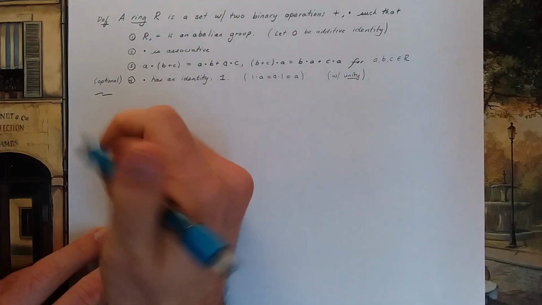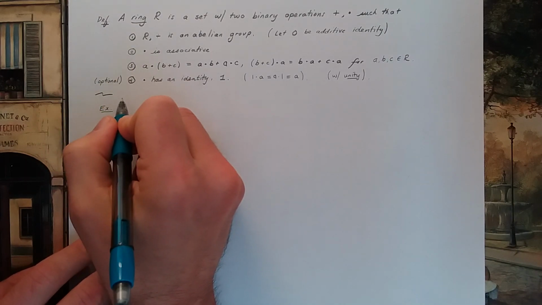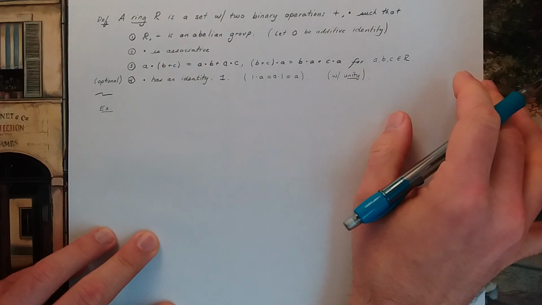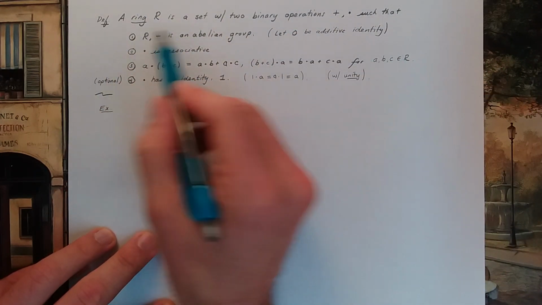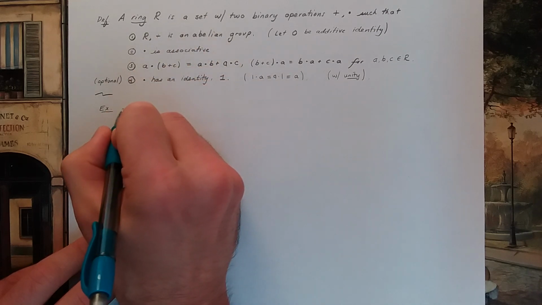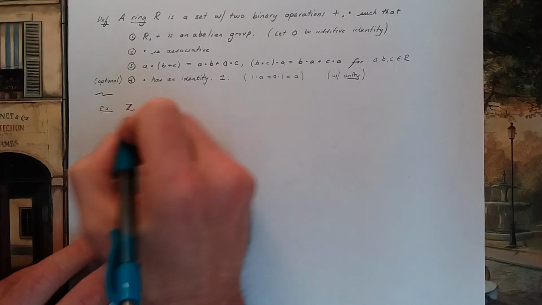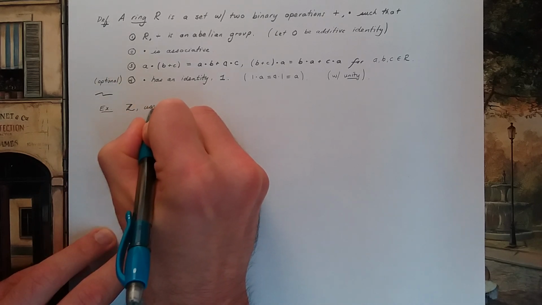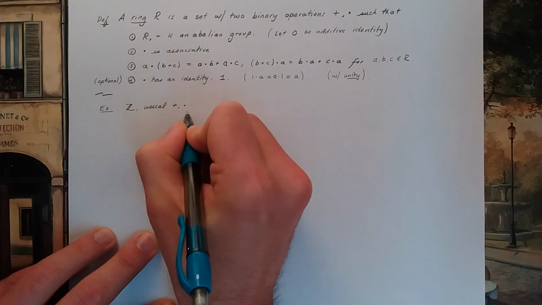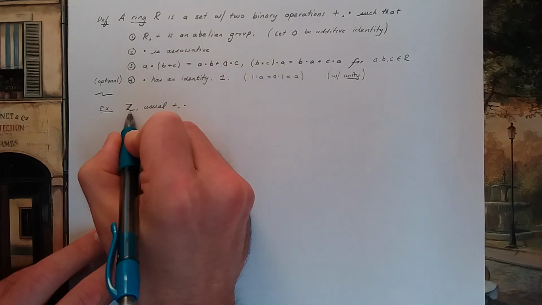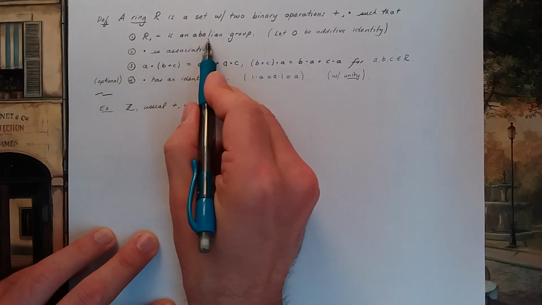Okay, what are some examples? The best example of a ring, and if you ever get confused about rings, go back to this example and see if your statement or condition is true for this ring, since it's the best possible example. Z. Z with the usual plus and times. That's a ring. Why? Addition of integers forms an abelian group.